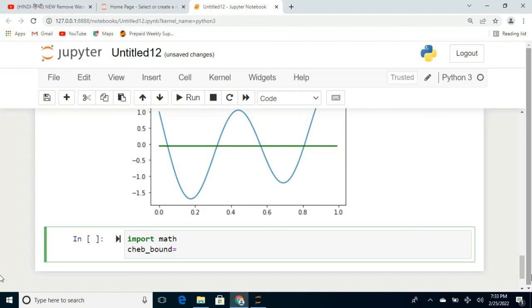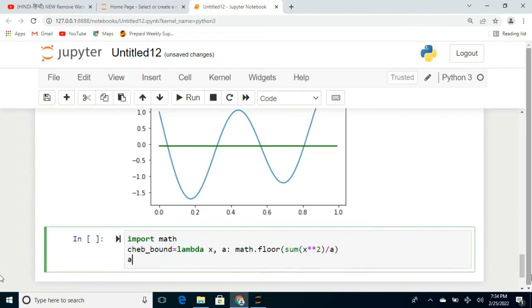Cheb_bound is equal to lambda of x comma a colon, and then math.floor. Inside the brackets we'll write the sum of x squared divided by a.